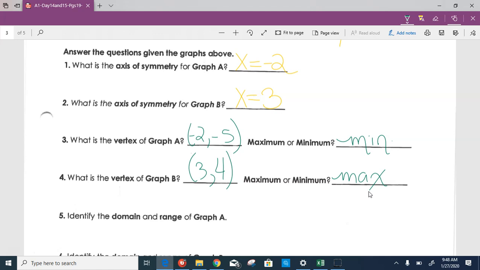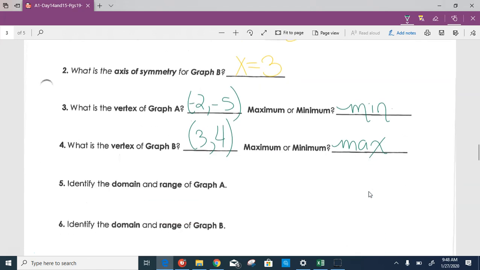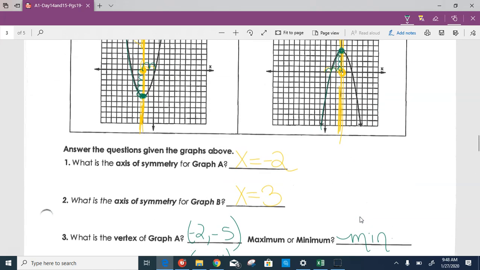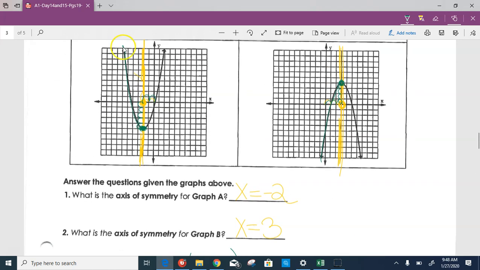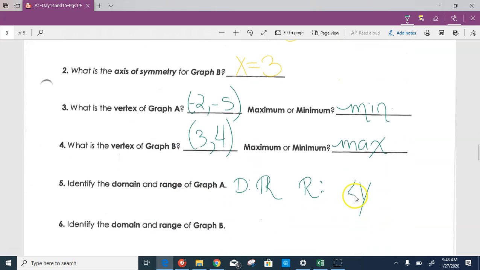Identify the domain and range of graph A. All right, so for graph A, we know that the domain is going to be all real numbers. The range, which talks about y, let's see this one. It hits a lowest value at -5 before it goes back up. So it hits a minimum value and makes contact at -5, but then goes back up to positive infinity.